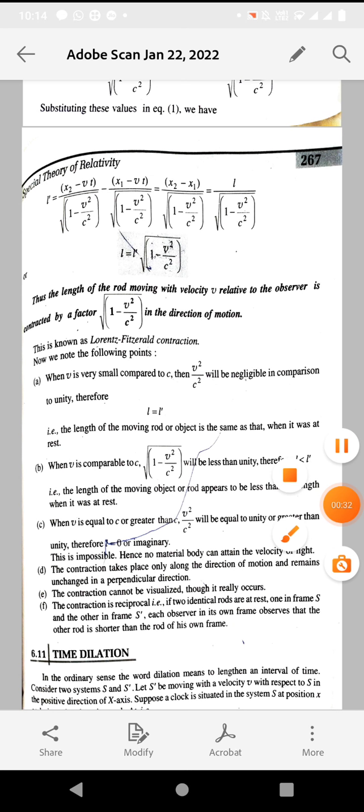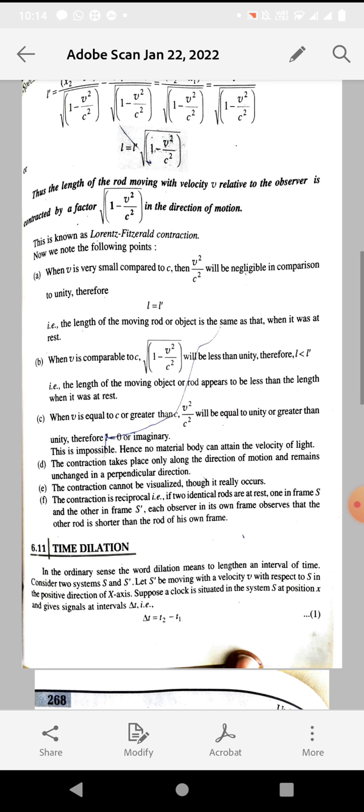That means time is observed by an observer given two reference frames, S and S dash. One is at rest, and another one is moving with some velocity v.